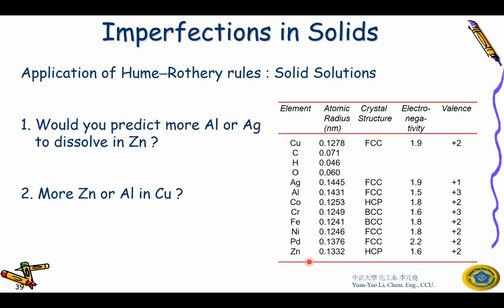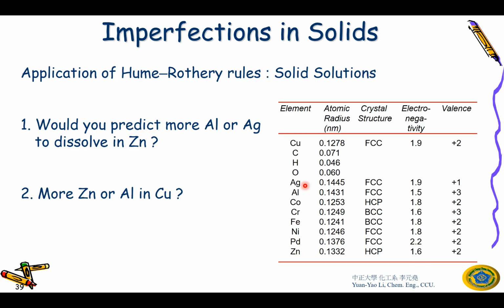Zinc is HCP, but aluminum is FCC, silver is FCC. Well, they don't match perfectly. And for electronegativity, silver is 1.9, aluminum is 1.5, and zinc is 1.6.